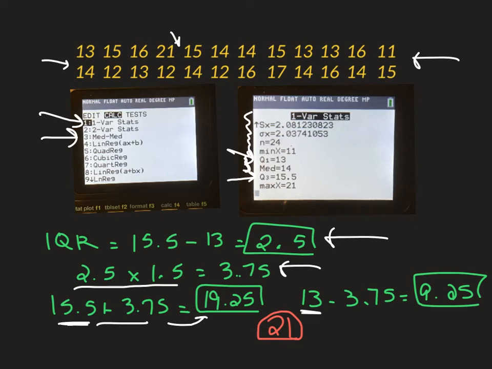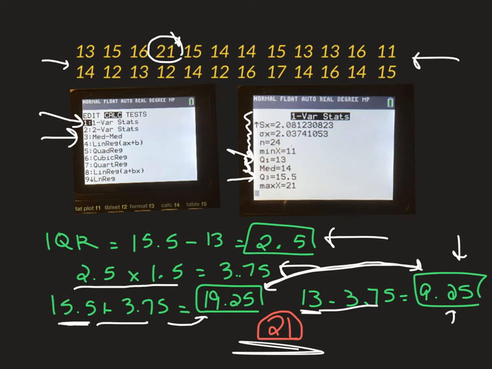Then you take your Q1, the smaller one, and subtract 3.75 from it to get 9.25. The usual numbers should be between 9.25 and 19.25. If they're outside of those, they would be considered unusual, or outliers. Looking back up in my list, sure enough, I found 21. That's an outlier on the high side. I don't see any single digits, which would be less than 9.25. So the only outlier I see is the 21.